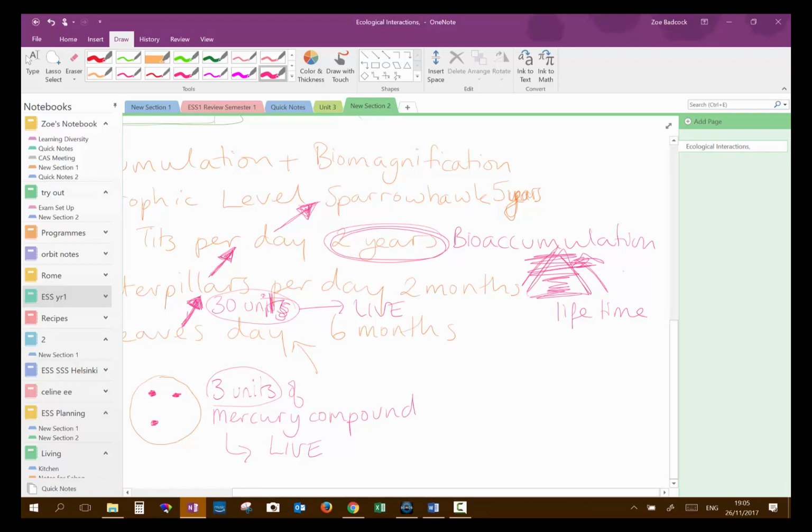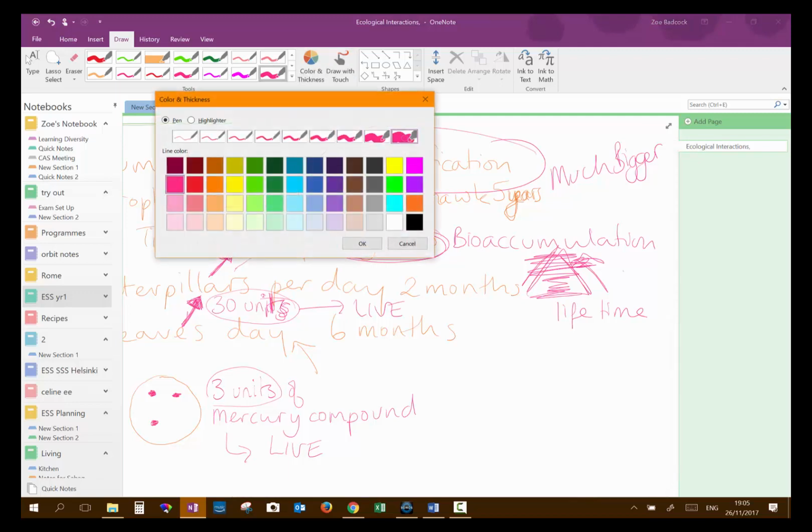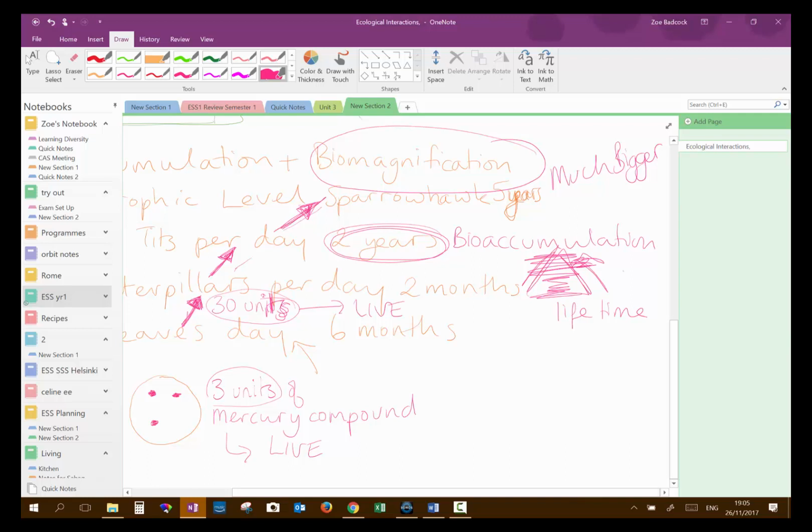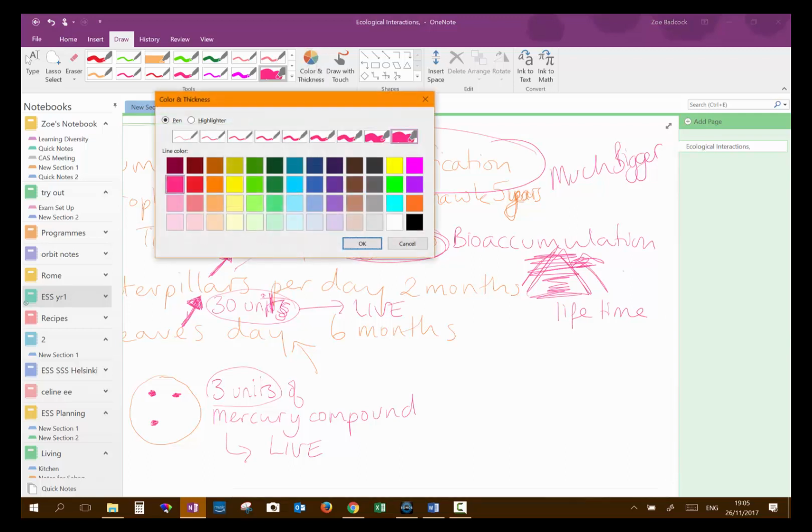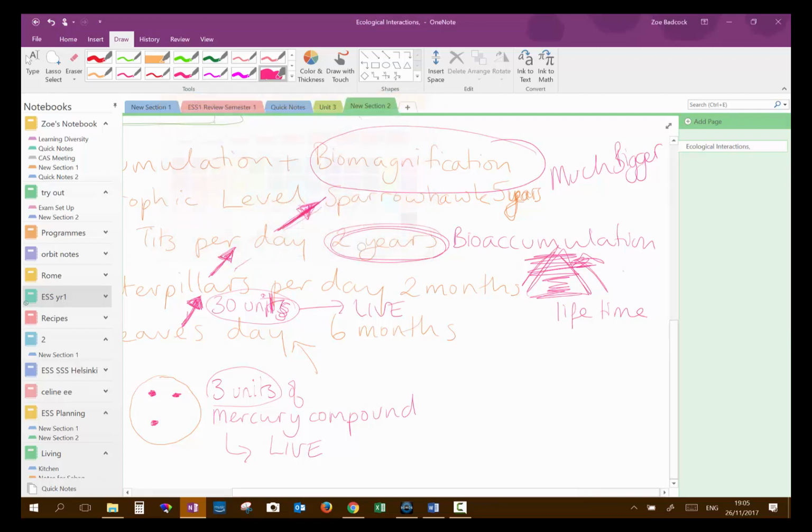But it's also got this accumulative process whereby the problem of the mercury now is much bigger. It's a much bigger problem. And that's because of biomagnification. As we've gone up the food chain, we've got a much bigger problem. So it's getting bigger and bigger as we go up this food chain.